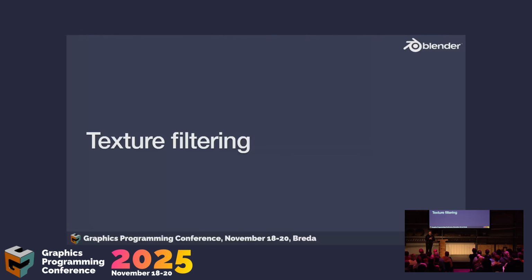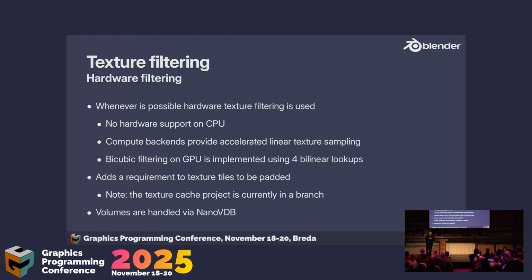So let's talk about texture filtering, because interestingly, there is a bit of a difference between how we do it on the GPU and how it's done in real time, and some stuff is a bit less obvious. We utilize hardware texture sampling whenever it's possible. Of course, on CPU there is nothing that helps us, so we need to re-implement the sampling.